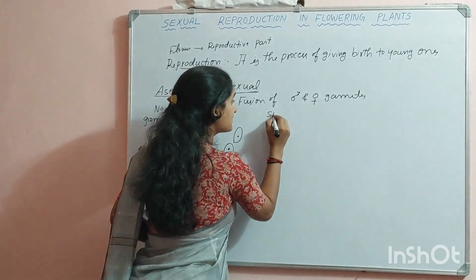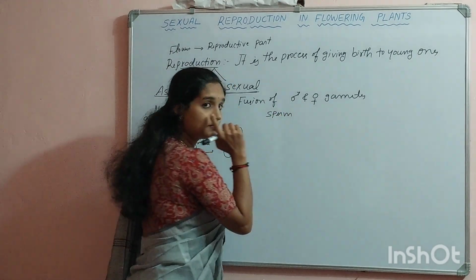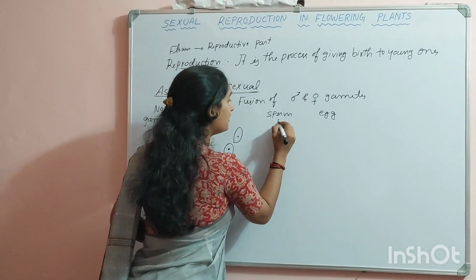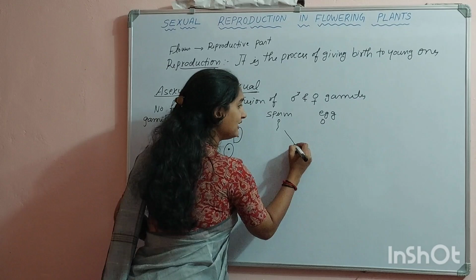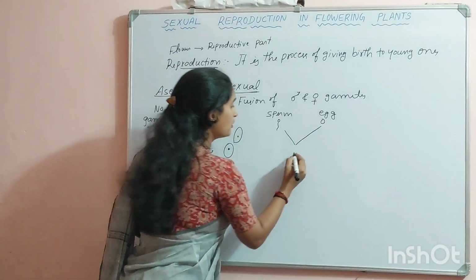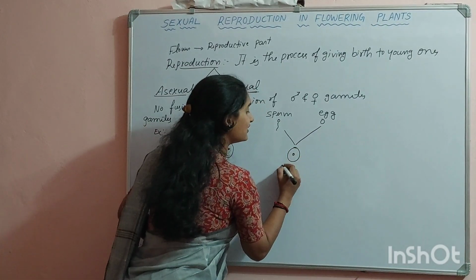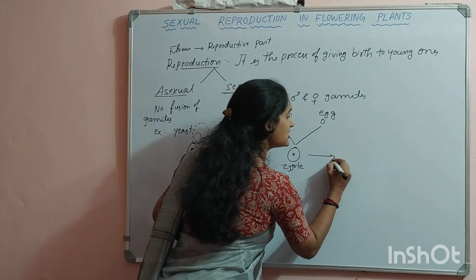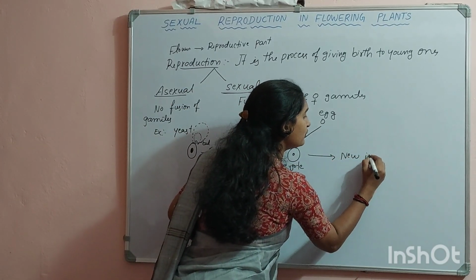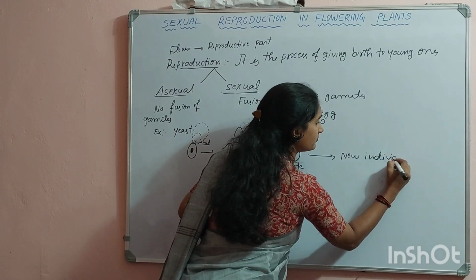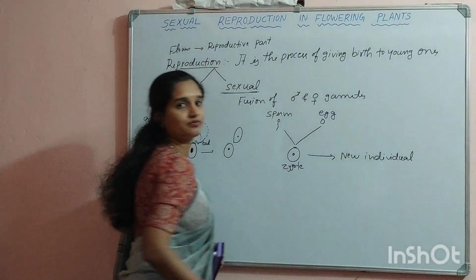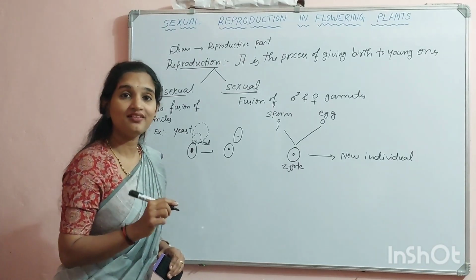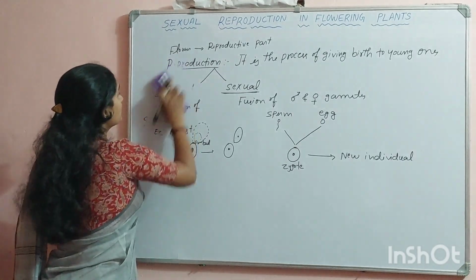The male gametes may be sperms, and the female gametes, eggs. Sperm and egg fuse to form a zygote. This zygote later develops into a new individual. So next let us study the sexual reproduction in flowering plants.